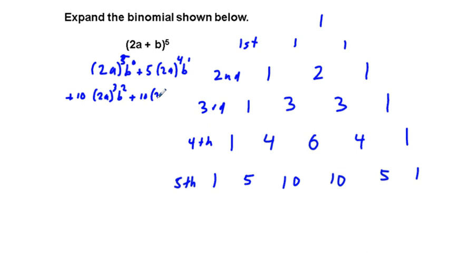We would have 2a to the squared power, b to the 3rd, and we would have plus 5. We'd have 2a to the 1st power, b to the 4th power, plus 1, 2a to the 0 power, and b to the 5th power.